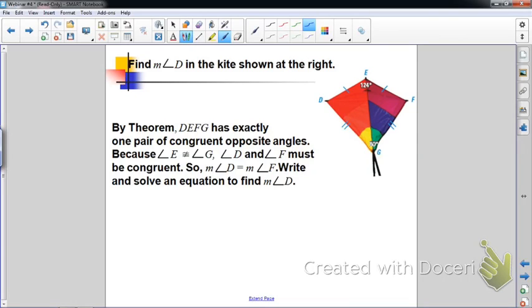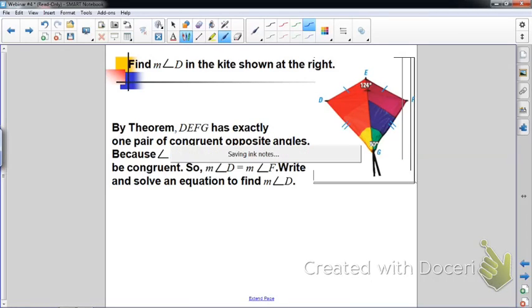So here's a really good example of what we have. This is a kite. Okay, I'm going to cut it so that you can see it at a different angle. That way. Let's see if it helps you see it. So I'm taking a picture of that.